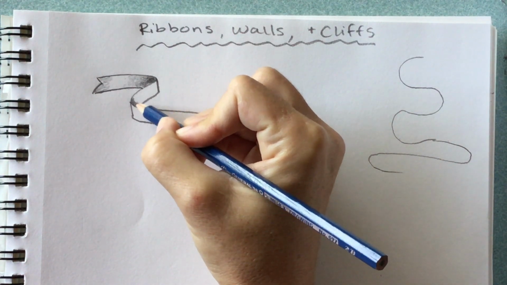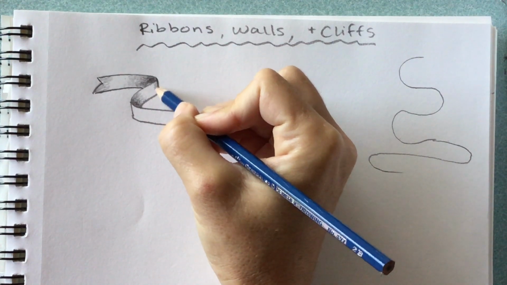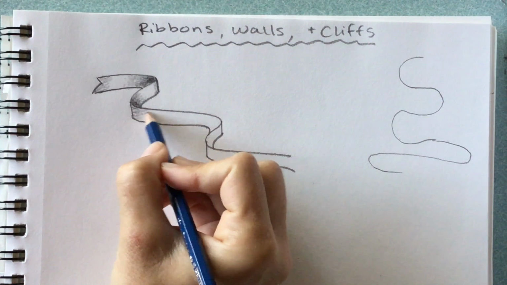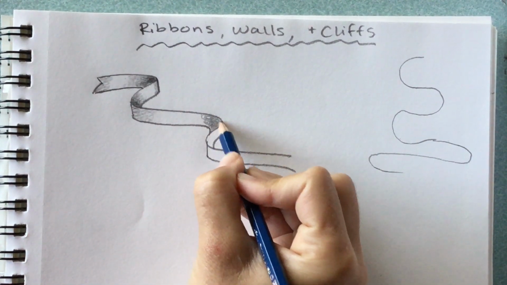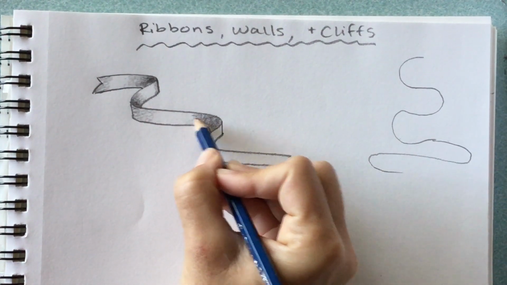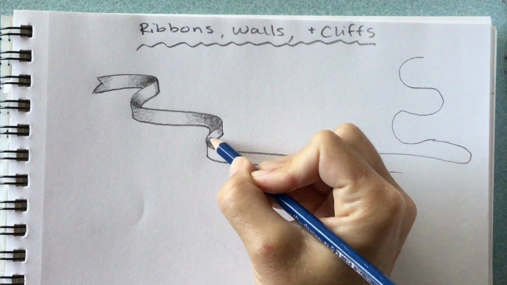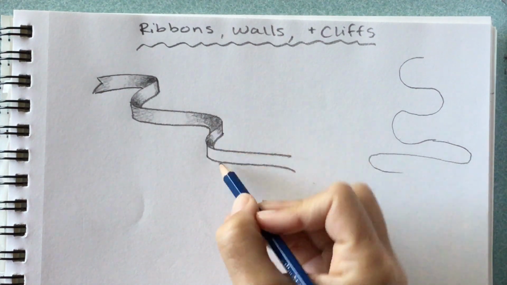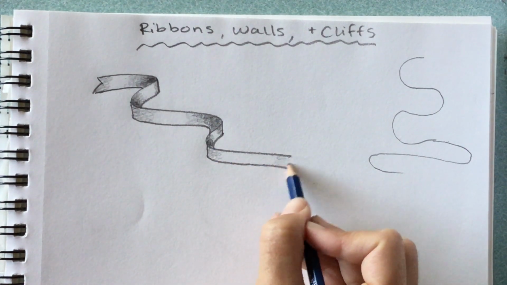On my inner curve, I'm going to have my darkest shading. It's going to fade to light in the middle. And on the outer curve, I'm just going to put a little light shading. So these are just my tricks for making your ribbon look 3D and kind of shiny. So again, darker shading on the inside of the curves, bright highlight in the middle, and just a little light shading on the outside of the curves.